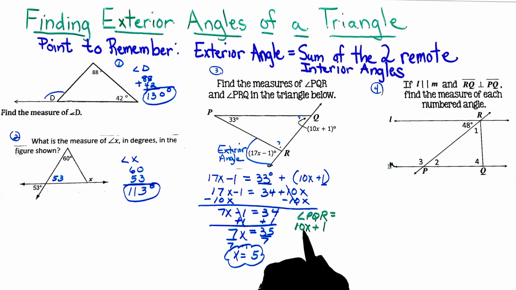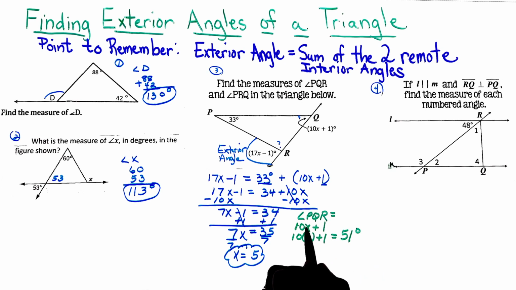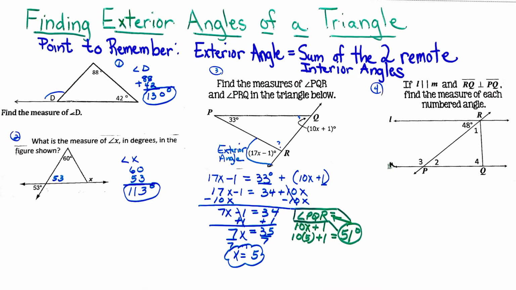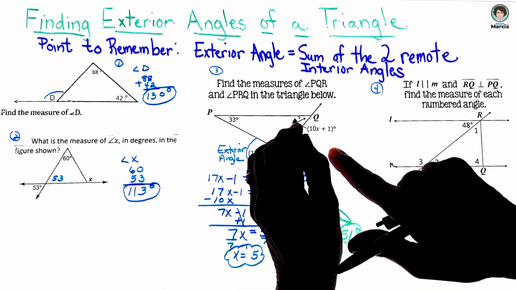Well, we found the x, so angle PQR is 10 times 5 plus 1, which is equal to 51 degrees. So here is our answer for angle PQR. It is 51 degrees. And now that I went ahead and found that, I think I'm going to put that here.